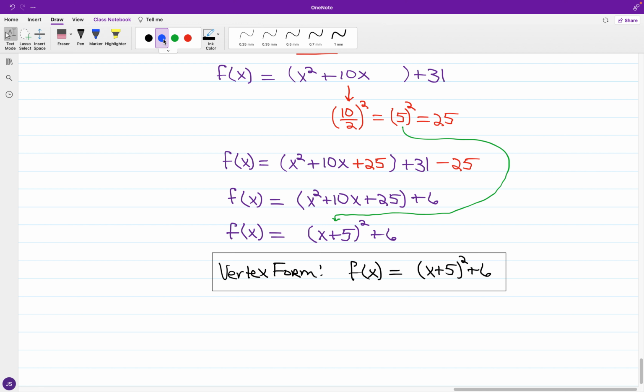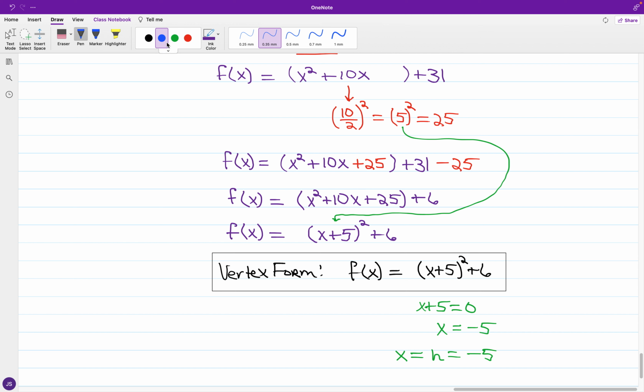Again, just for the vertex. Okay, so we just go ahead and get the h and the k values. So for the h value, this will be the 0 of x plus 5. So we have x is equal to h is equal to negative 5.